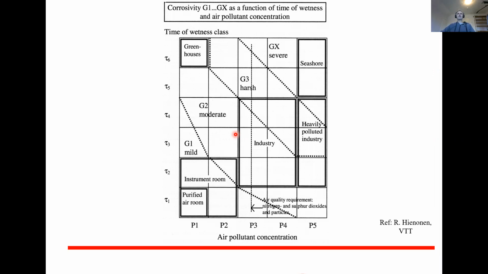And based on that, you can decide if some corrosion protection or moisture protection is needed or not, and if yes, then what kind of corrosion protection you could do in order to verify the reliability.